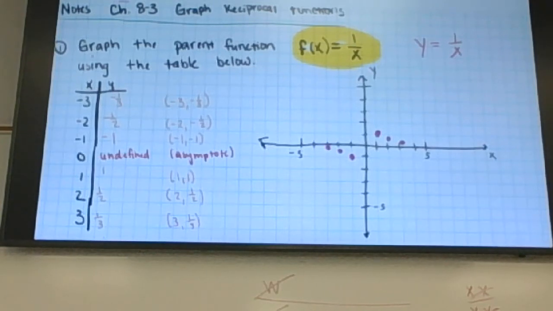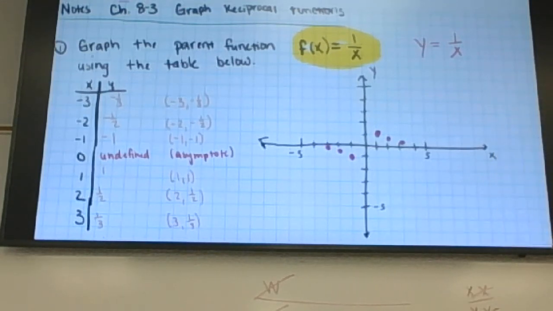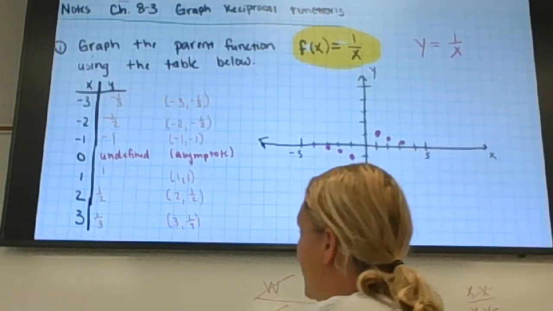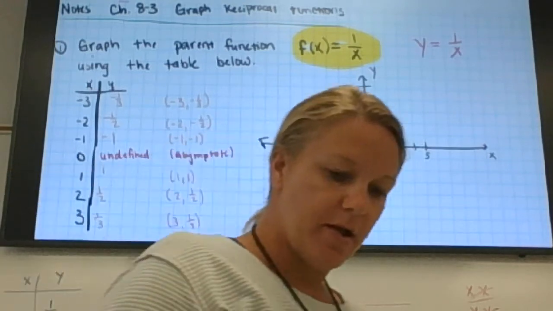You have to know the shape of the graph and be expecting it to really get this right. Unless, it might help to even go up to 4. Like what would happen if x was 4? 1/4 or -4, -1/4. Maybe those points would help us.